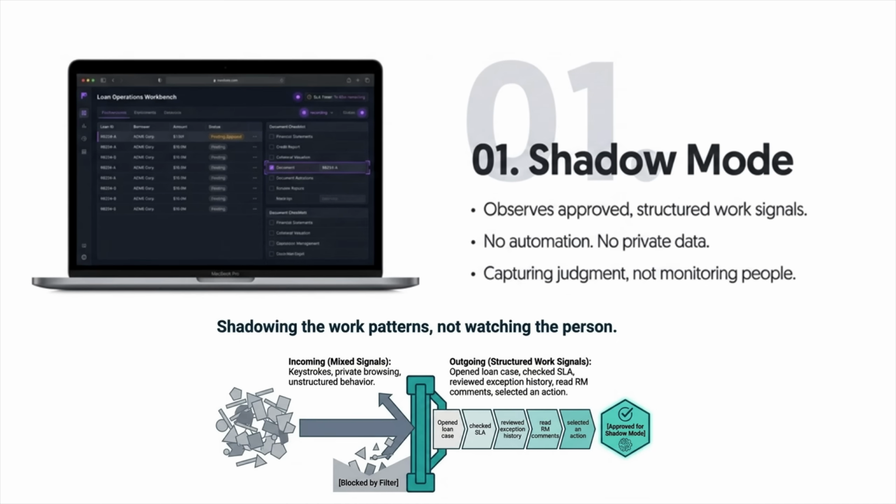documents are insufficient. So the digital replica should show Henry a candidate pattern. When income variance exceeds policy threshold and supporting documents are insufficient, escalate to senior credit operations. Henry can then accept it, edit it, or reject it. That is important.